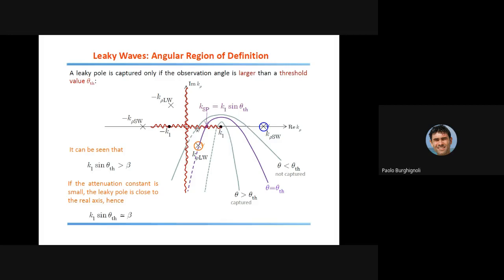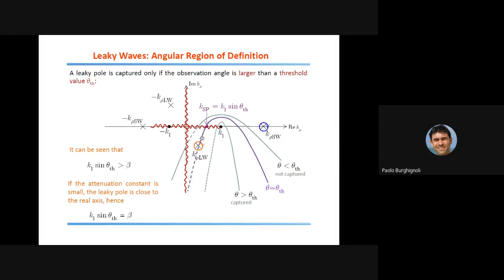Then in this case, you do not intercept the pole which is located on the bottom Riemann sheet. Then there is a critical angle, a threshold angle, by which the steepest descent path, now in purple, goes exactly through the pole, the leaky pole.